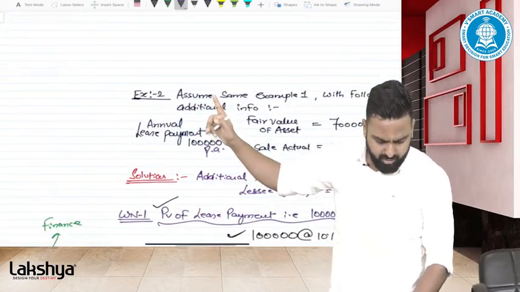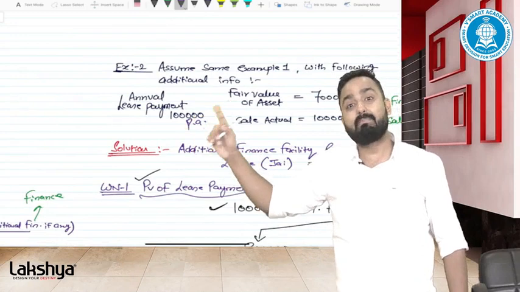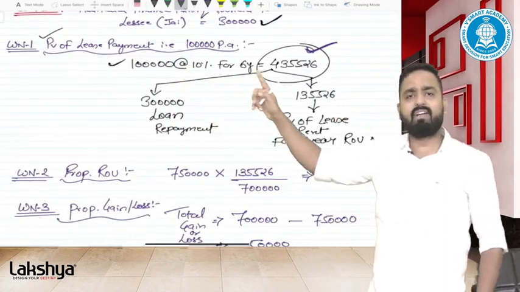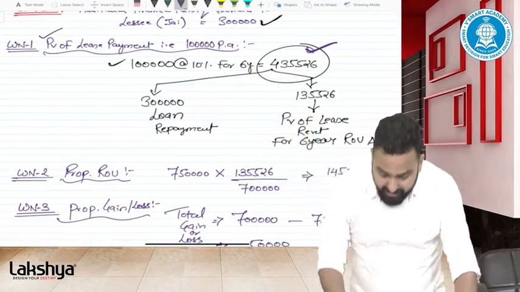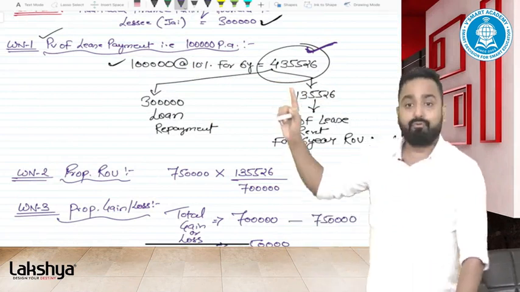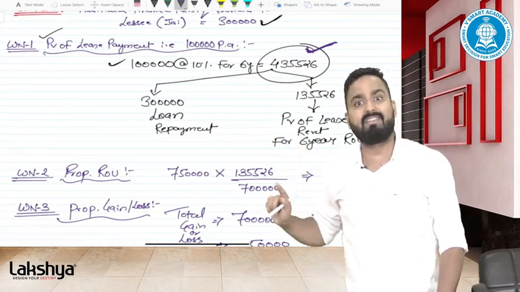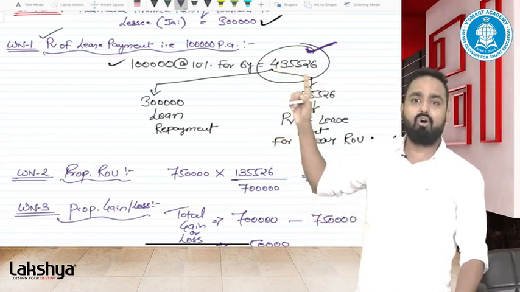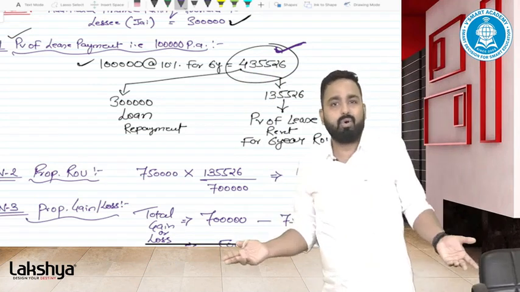1 lakh was the lease payment, but we know very well that this 1 lakh includes the repayment of additional finance. So first of all, we calculated the entire present value of 1 lakh, 1 lakh, 1 lakh. But we know very well that this 4,35,526 includes the repayment towards additional finance. So we need to bifurcate. How should we bifurcate? There is a simple call.